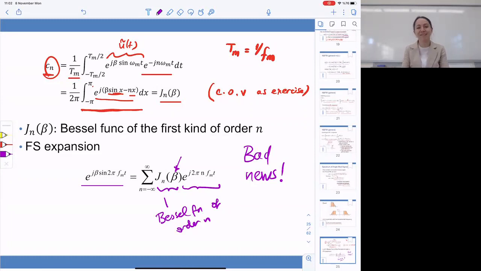The good news is essentially the significant components are going to be over a finite bandwidth, and we can neglect the tails. So the rest is going to be the art of determining the effective bandwidth of an FM or PM waveform.